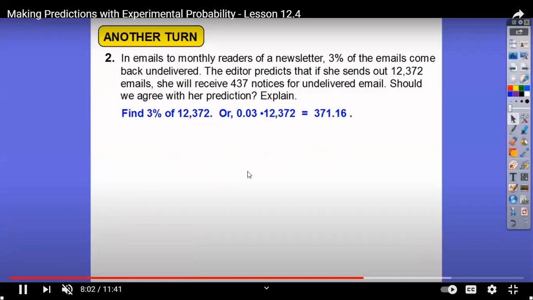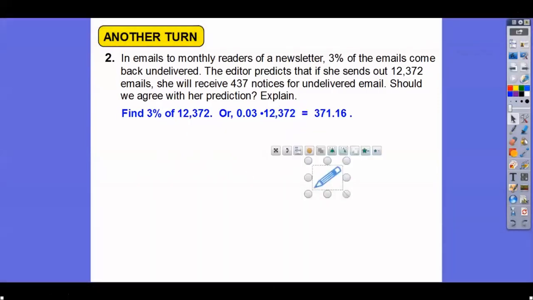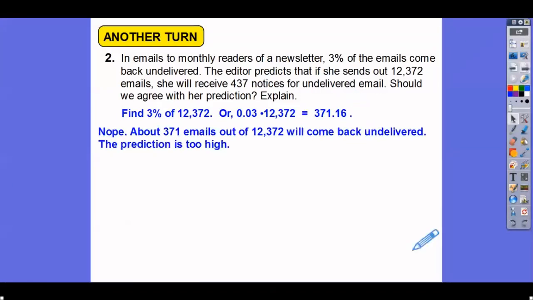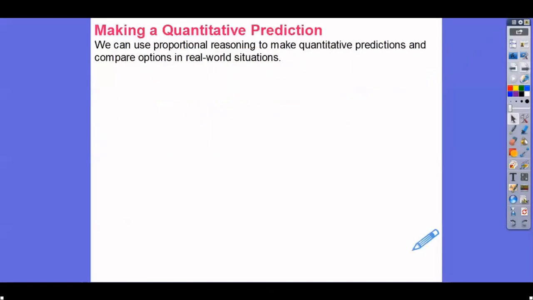Then we compare the number we found with the number he gave us. He said 437. So this is too far from the number we found. About 371 emails out of 12,372 will come back undelivered. So the prediction is too high.